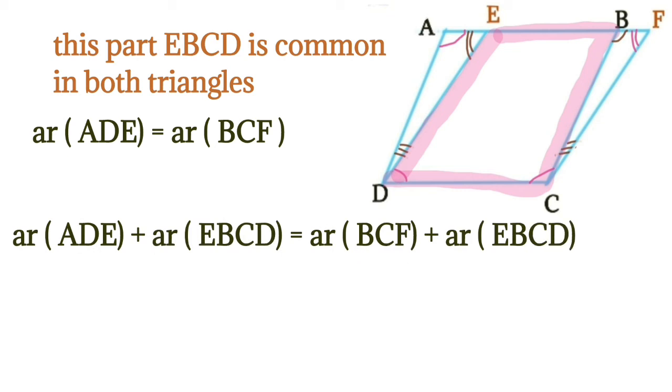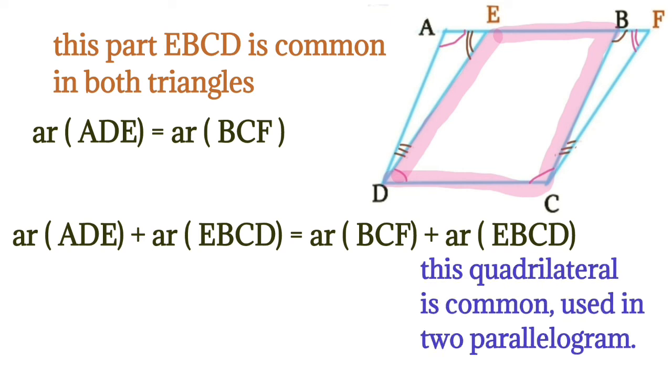Can I write like this? By adding the quadrilateral part on both sides: area of ADE plus area of EBCD, that is the quadrilateral middle part, equals area BCF plus area EBCD.